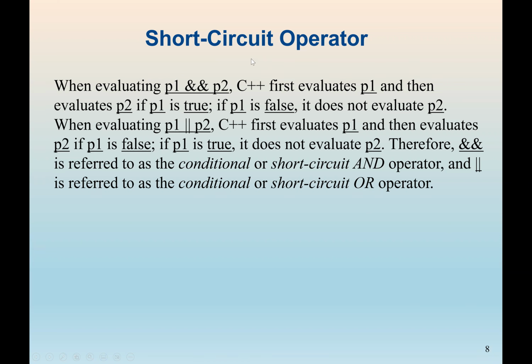So that's why they say C++ evaluates P1 and then evaluates P2 only if P1 is true. If P1 is false, then you don't need to evaluate P2, because P1 being false means the result is false regardless of P2. But if P1 is true, we want to check if P2 is also true, then we get true. But if P2 becomes false, then we still get false output.